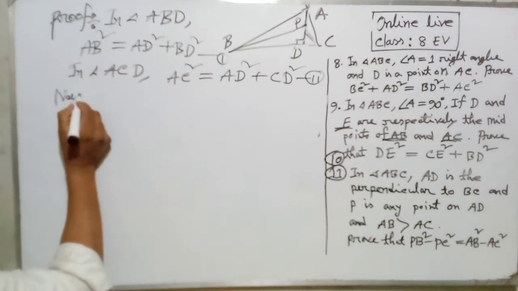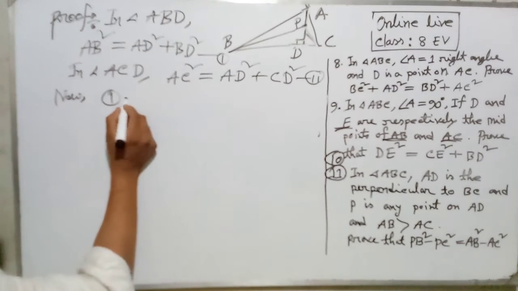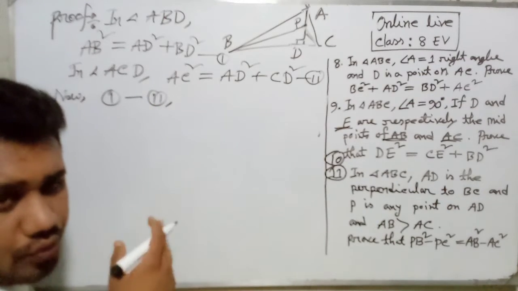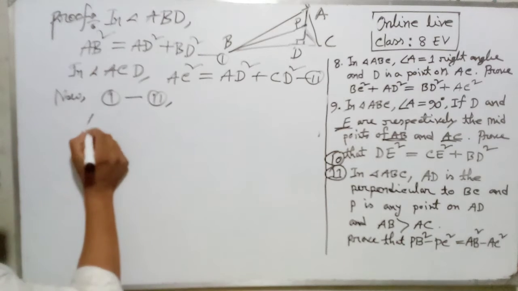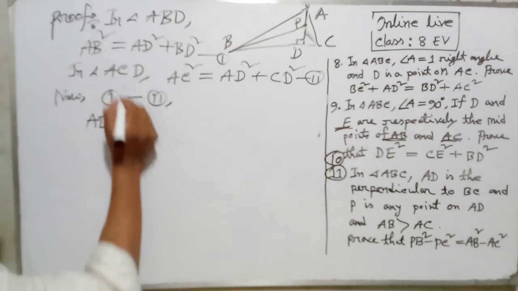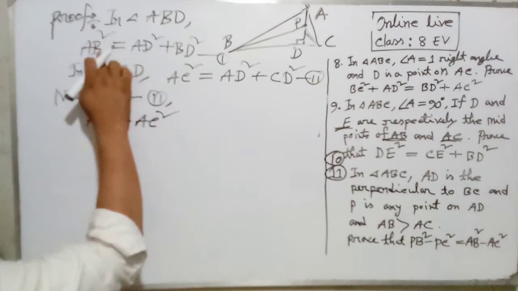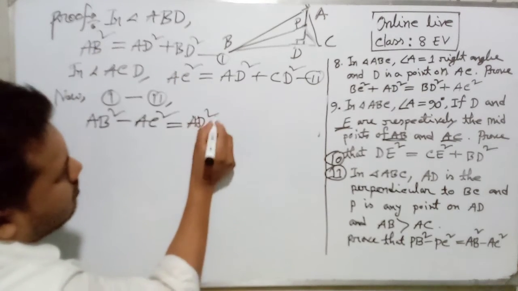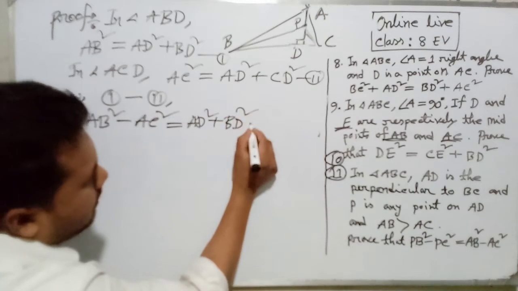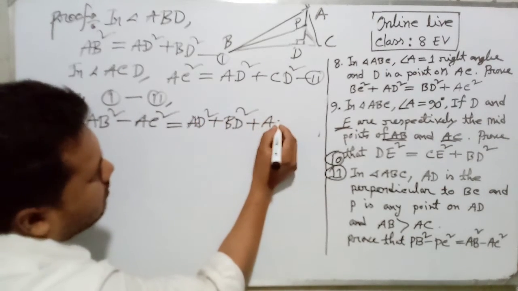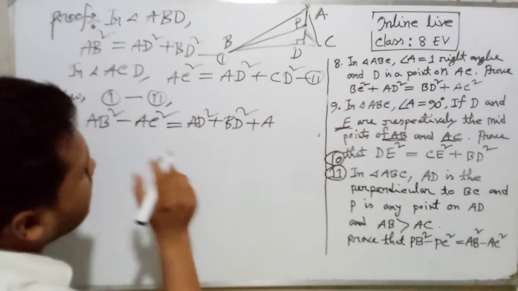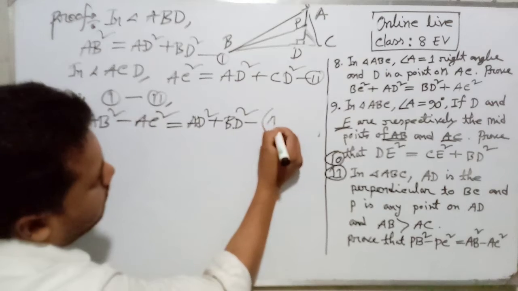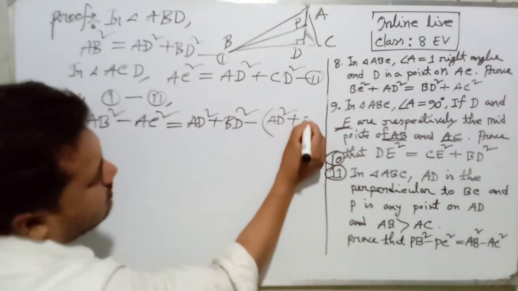Now dear students, equation 1 minus 2. If we subtract equation 2 from equation 1, it will be AB square minus AC square equal to AD square plus BD square minus AD square plus CD square.